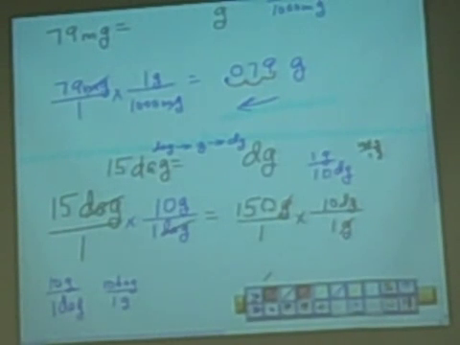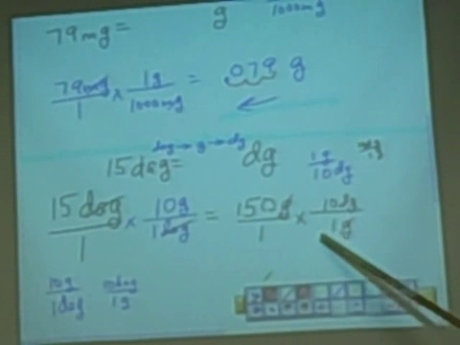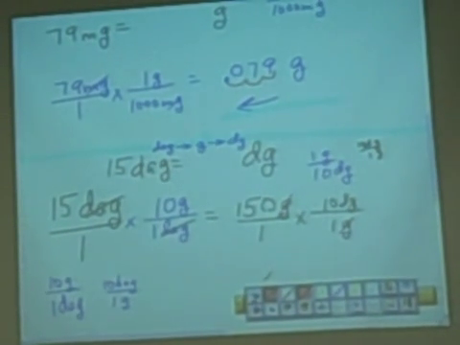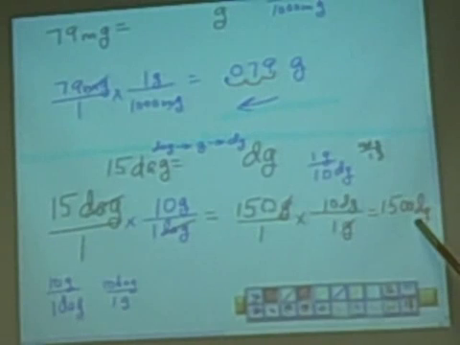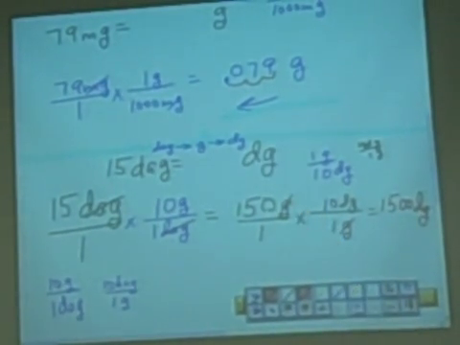And so is our 150 going to get larger or smaller? Larger. It's going to get larger. Okay, so that's going to make it equal to 1,500. Good. Decigrams. Now, you see here our units, that's what we wanted.